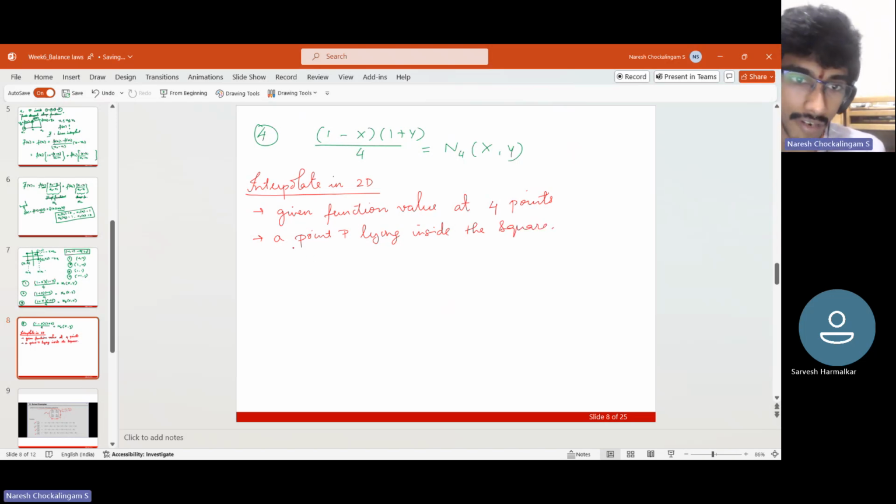Just as in the case of 1D, in this case the function is a function of two variables. What is the function actually you're looking at? It's a deformation function, phi of x comma y.